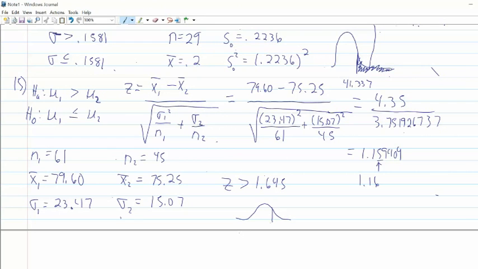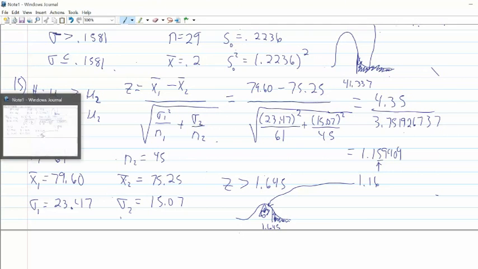So that critical value, 1.645, remember it's right-tailed. So if our test statistic is in here, we reject. If it's not, we fail to reject. Remember our test statistic? It was 1.16. So 1.16 is less than 1.645, so it's going to be somewhere in here. That means we fail to reject the null hypothesis.